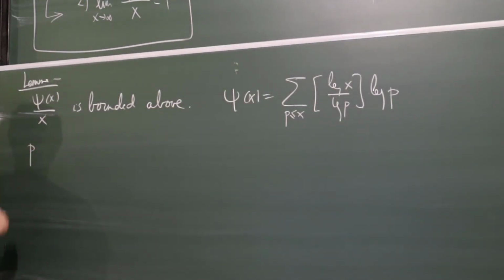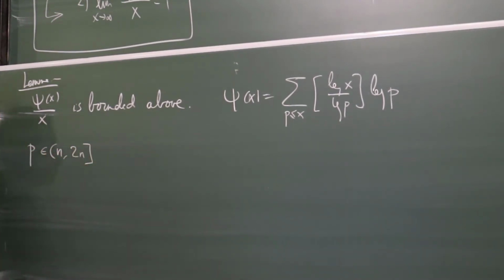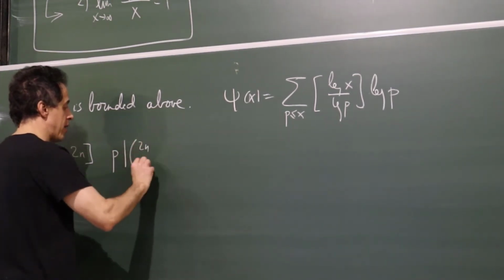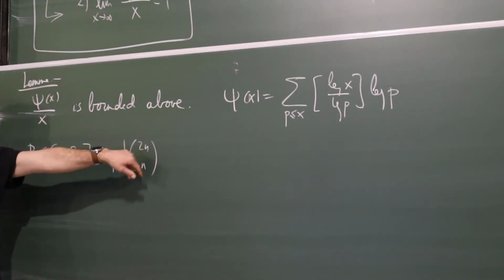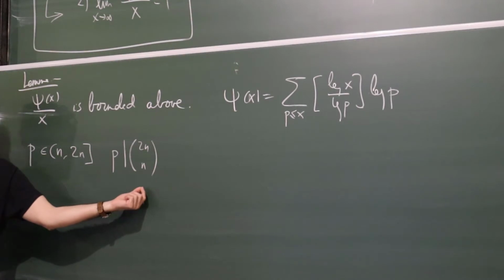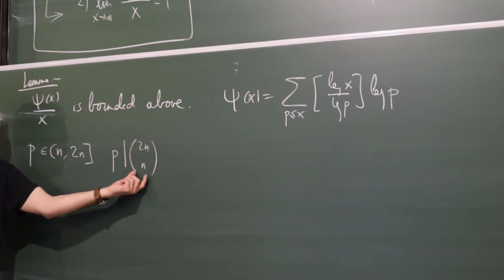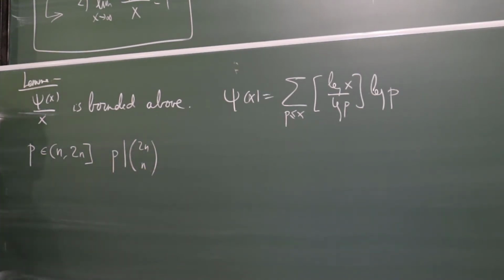Assume you have some number p that is contained between n and 2n, greater than n and smaller or equal than 2n for a certain number n. So this number p divides this combinatorial number, because 2n factorial appears in the numerator, and the prime number p cannot disappear when you do the quotient, because it cannot appear among the prime factors of the denominator.